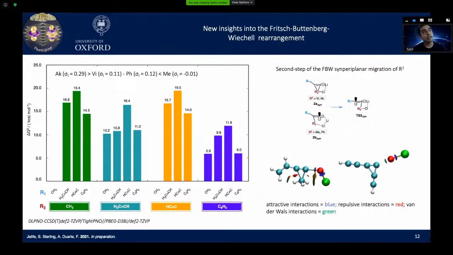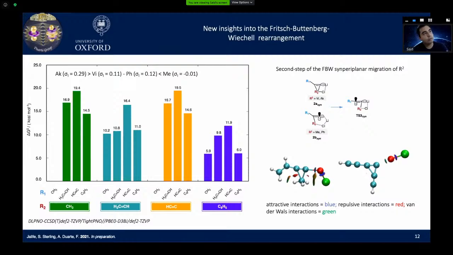Also, just off the top of my head, I'm not sure how that will affect the rearrangement, because what we have seen and known about this rearrangement is that the migration of the beta substituent groups comes with the simultaneous migration of the chloride atom, right?